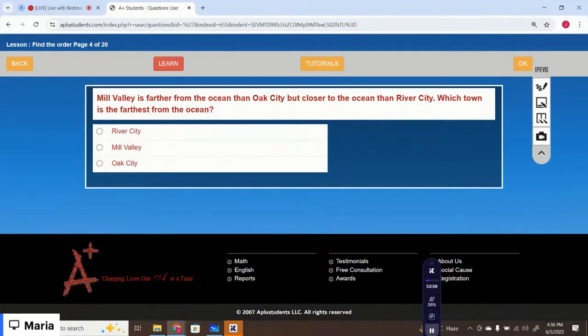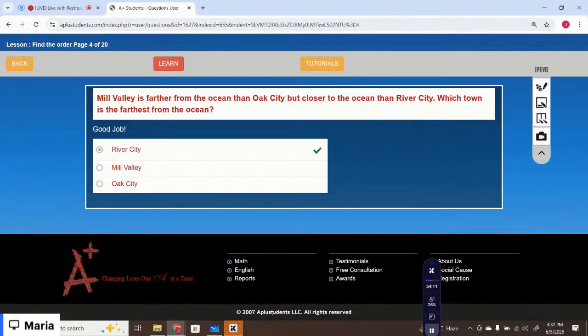Which town is farthest from the ocean? Okay, that's River City. Option number one is correct.